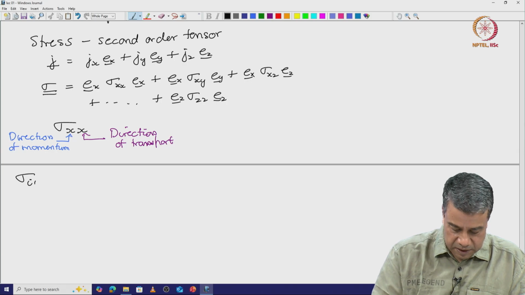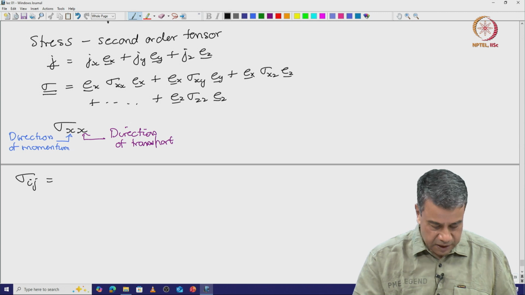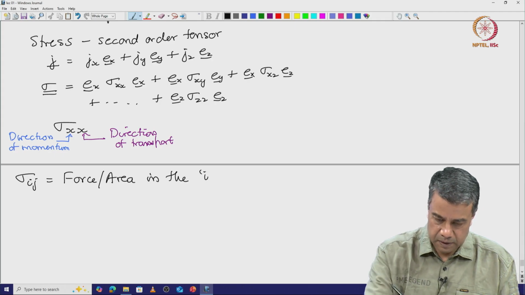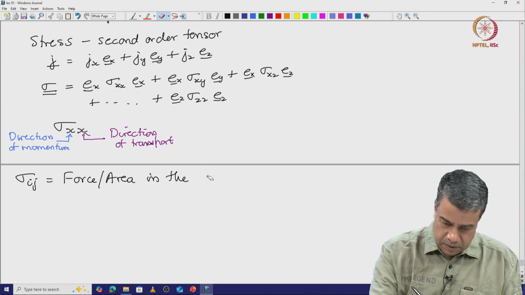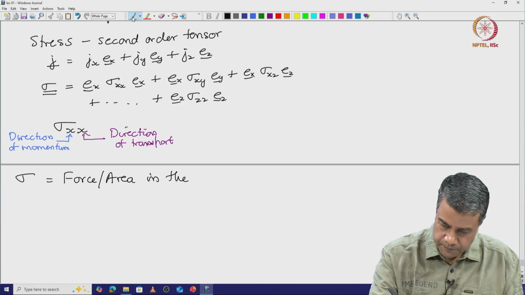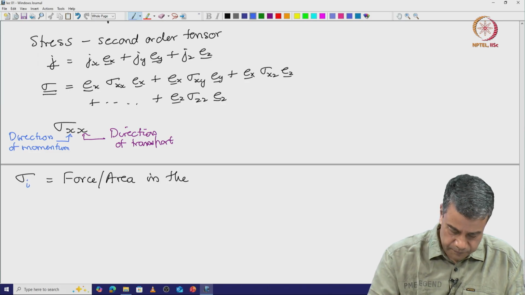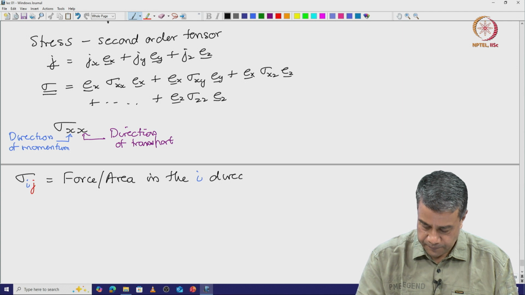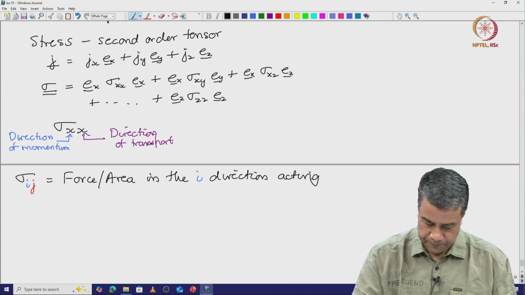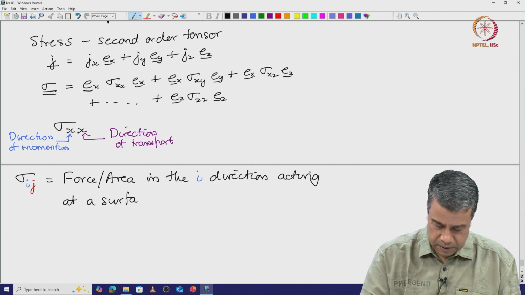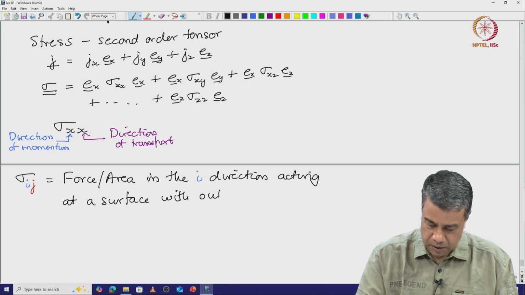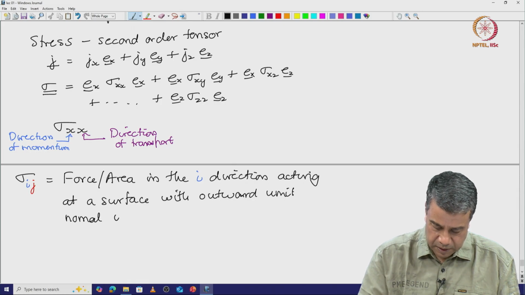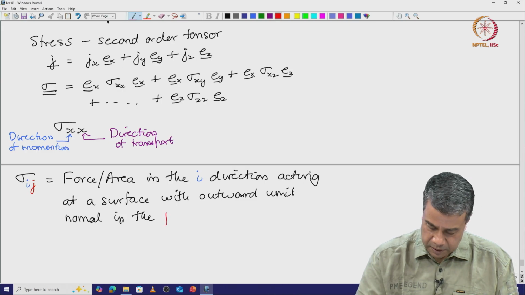Sigma ij is defined as the force per area in the i direction acting at a surface with outward unit normal in the j direction.